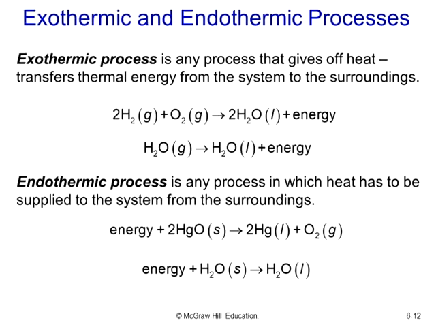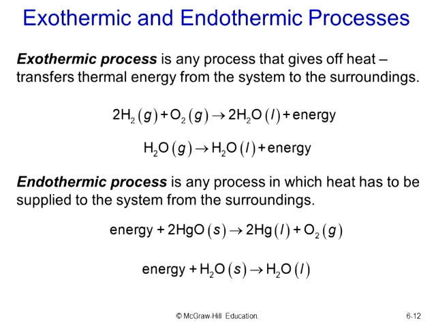An exothermic process is any process that gives off heat. It transfers thermal energy from the system to the surroundings. An example would be the formation of water from hydrogen and oxygen. Note that hydrogen and oxygen are both diatomic gases.